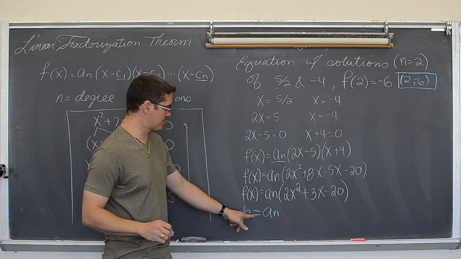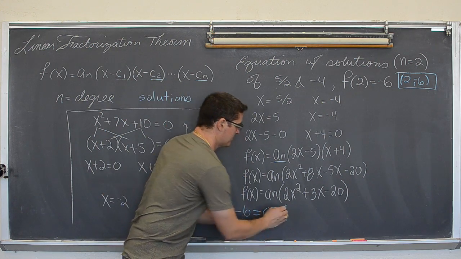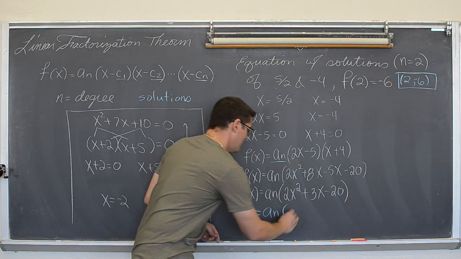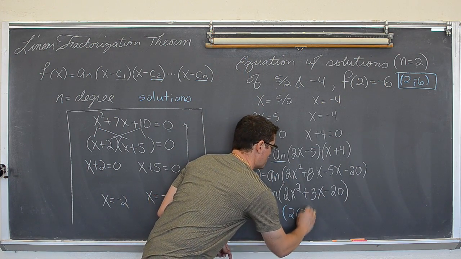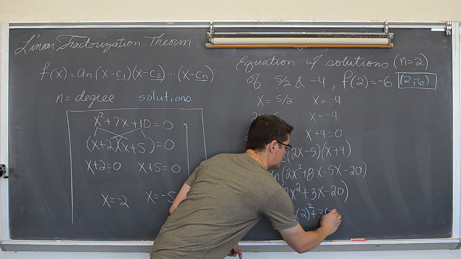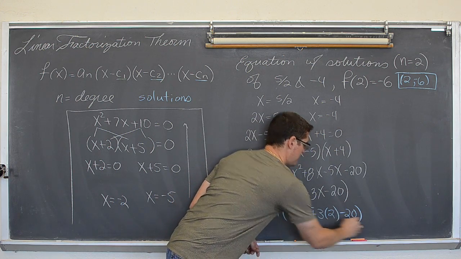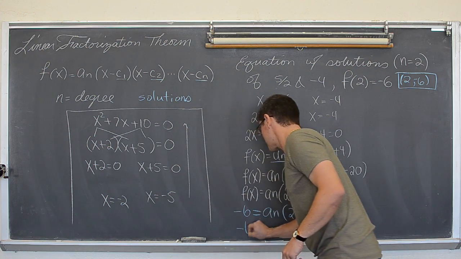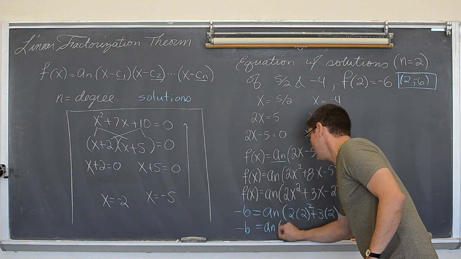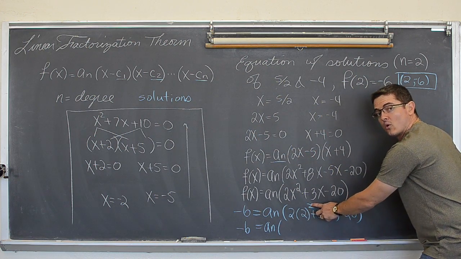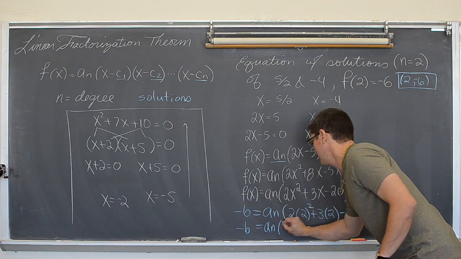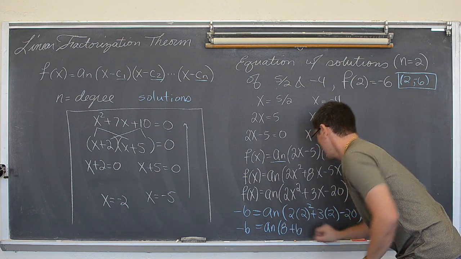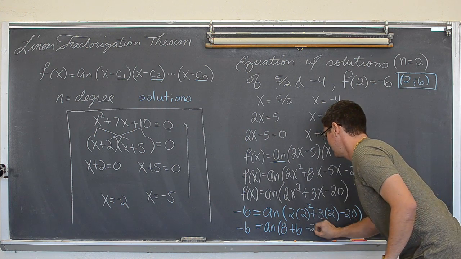Now it's -6 equals a sub n, and I'm going to take the x values out and replace the x they gave us from the point of 2. So 2 times 2 squared plus 3 times 2 minus 20. This comes out to be -6 equals a sub n times 2 squared is 4, and 4 times 2 is 8. 3 times 2 is 6, and -20.